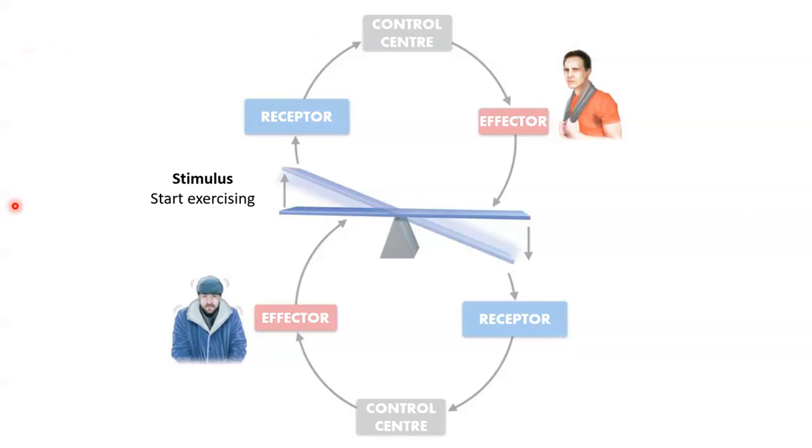So we start with our stimulus. And again, I'll just use that example of exercising. So the person starts exercising. Our receptor are the thermoreceptors in the skin and in the hypothalamus in the brain. They detect that increase in body temperature from the beginning of exercise.